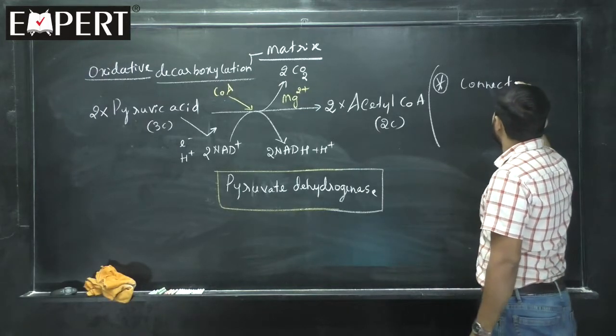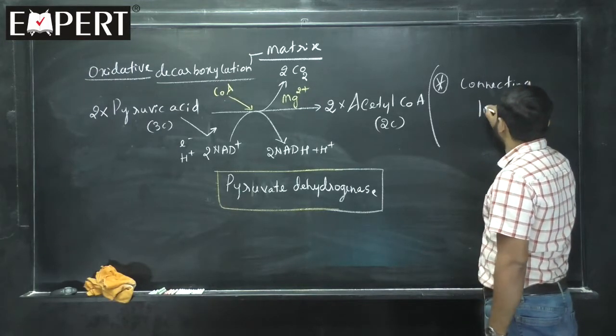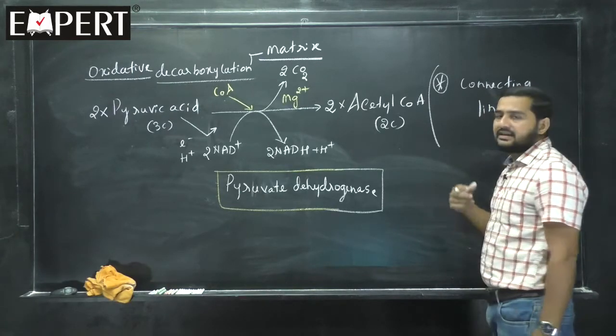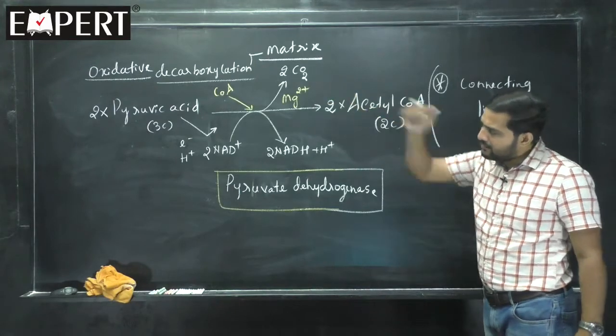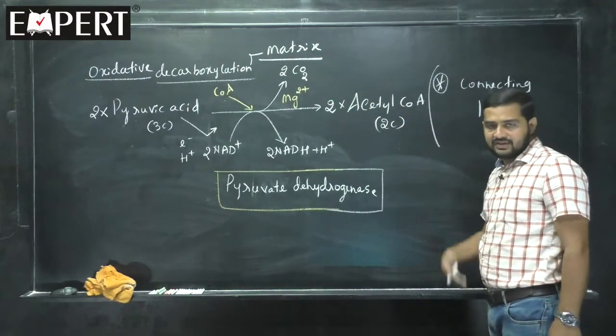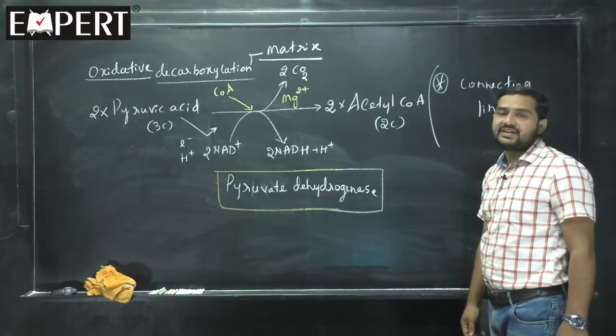Important word, please remember, acetyl-CoA is called the connecting link. It is a connecting link because it links the product of glycolysis, pyruvic acid, to the next event, the citric acid cycle.